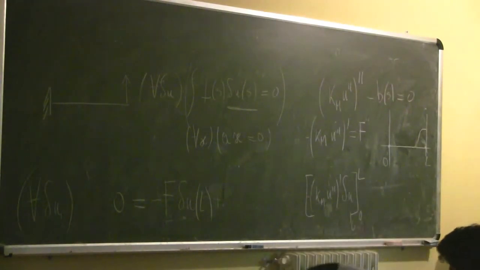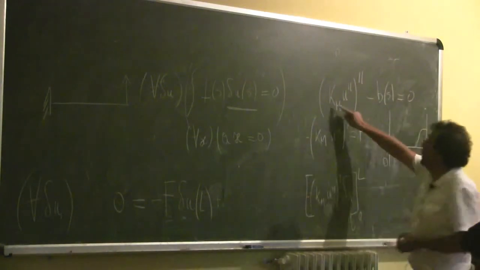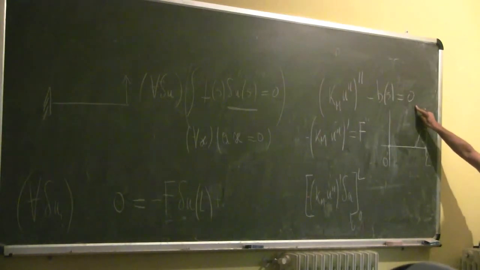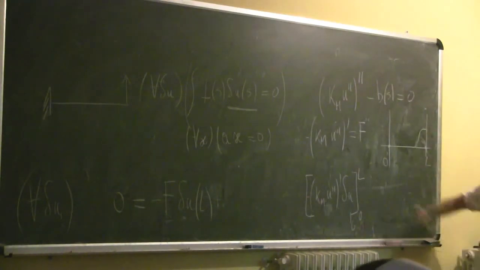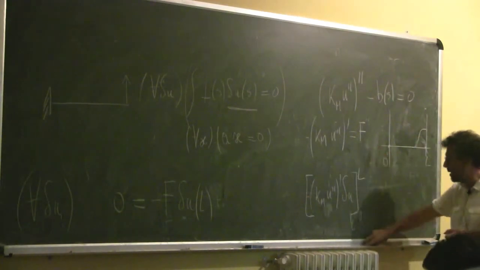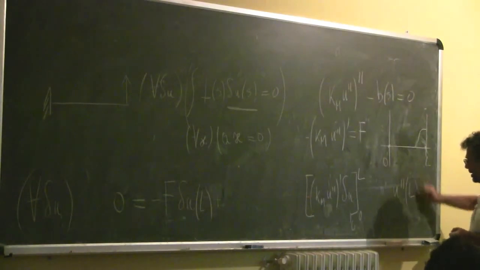So imposing that your energy is minimum in the equilibrium configuration gives you this ordinary differential equation for u and this boundary condition, together with u second L equals 0 on the free end.